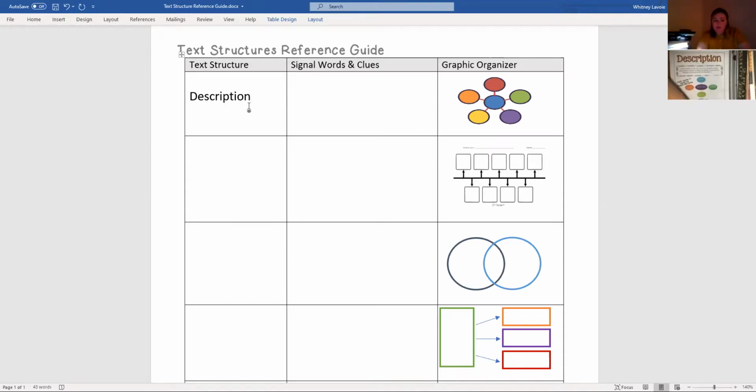And some other clues would be adjectives, sensory language. Maybe some other signal words might be, for instance, you know, they're giving a lot of examples to describe whatever the topic is. You know, it's description.